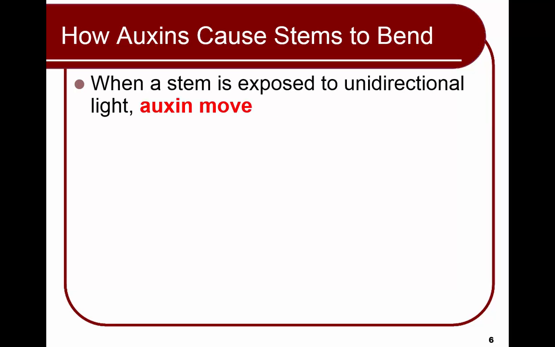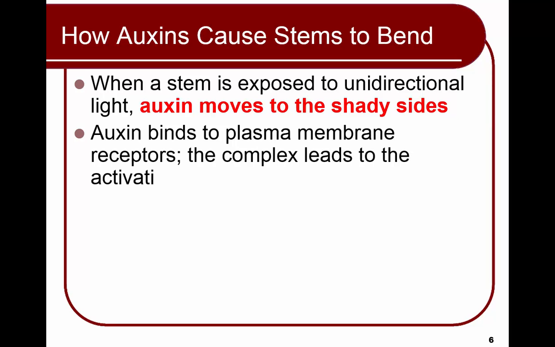Now, when a stem is exposed to light coming from one direction, the auxin is going to move to the shady side, and it'll enter the cells on the shady side and attach to receptors in the plasma membrane.